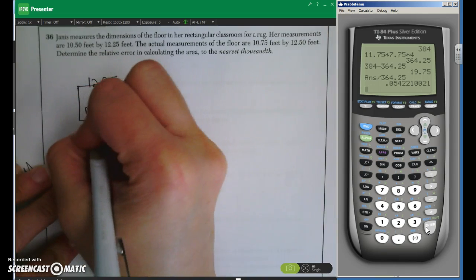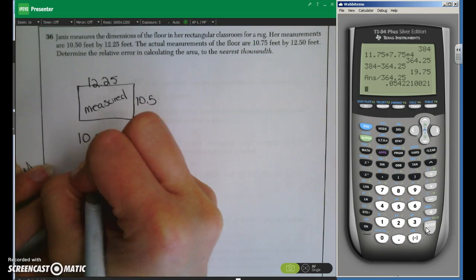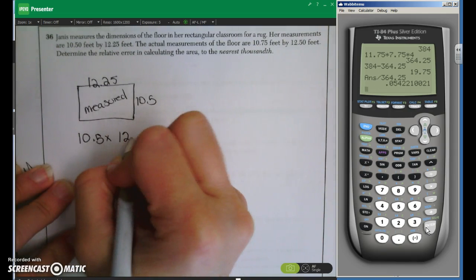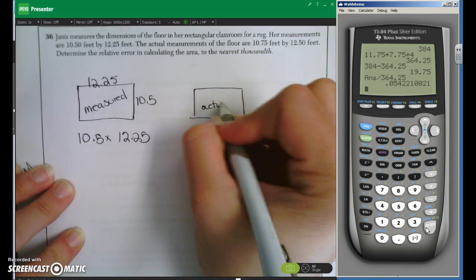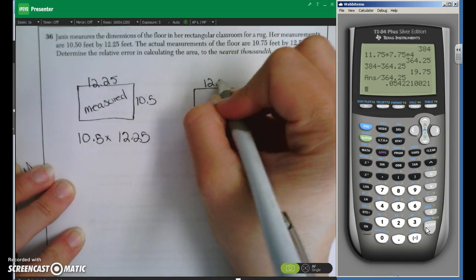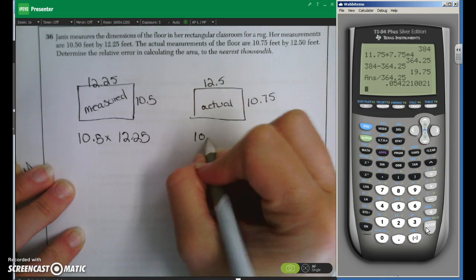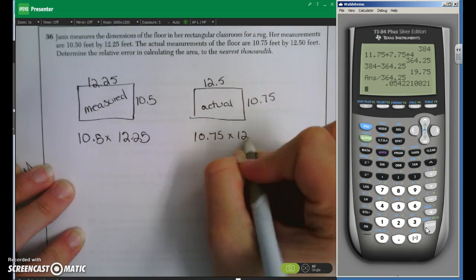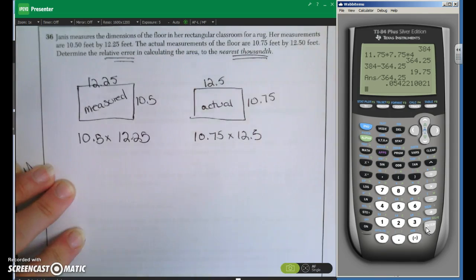This is the measured. It says the actual is 12.5 times 10.75. It wants the relative error to the nearest thousandth.